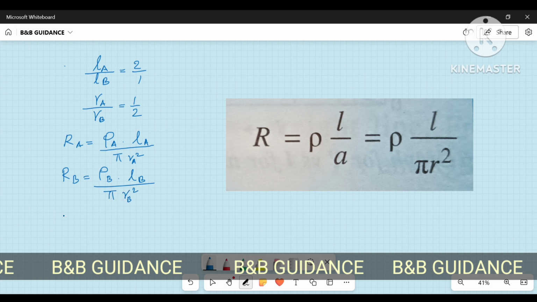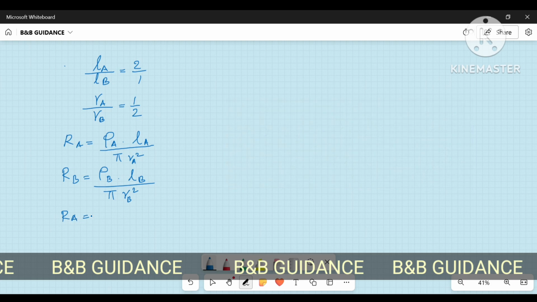It is given that resistance of wire A is equal to resistance of wire B. So we can write rho A into La divided by pi Ra squared is equal to rho B into Lb divided by pi Rb squared.